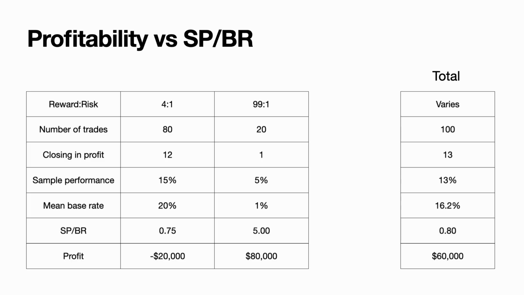And I think this image is more realistic than the perhaps headline figure of a $60,000 profit. A sample performance of 13% versus a mean base rate of 16.2% suggests that there is a more than 50% chance that these are the results of a money-losing trader.